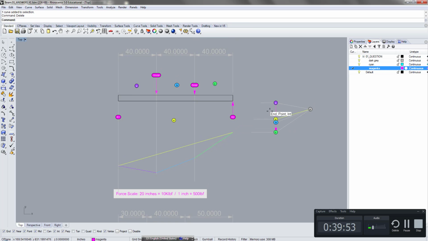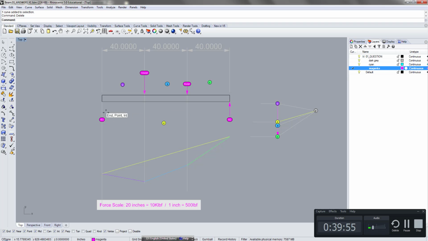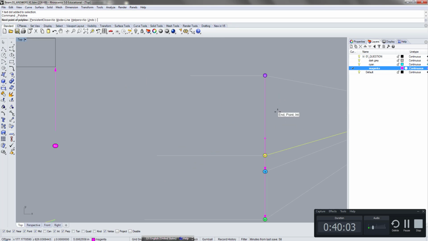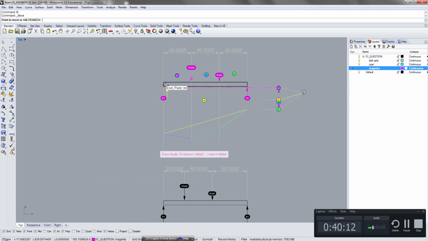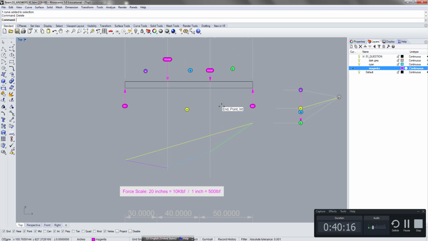And the next reaction on the left side would be A, because it's going from D around to A. So if you connect from point D to point A, that is the reaction on the left side.